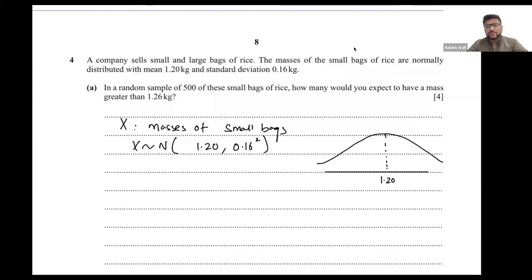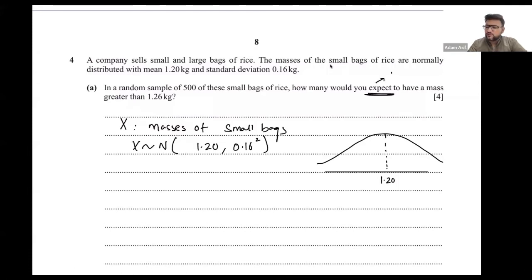In a random sample of 500 of these small bags of rice, how many would you expect to have a mass greater than 1.26 kg? Now the question is asking about the expected value.